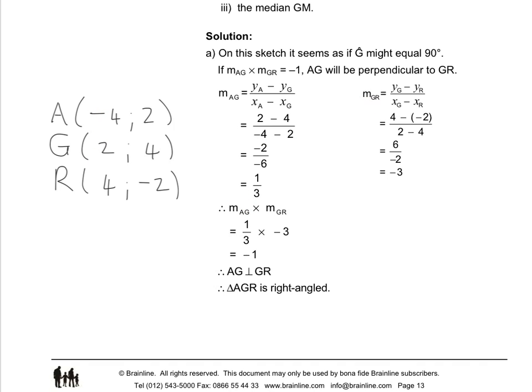Then the gradient of GR, we take the difference in y values, 4 minus -2, over the difference in x values, 2 minus 4, to get -3. Now we check if the product of the two gradients is -1. So a third times -3 is indeed equal to -1, and therefore we can conclude that AG is perpendicular to GR, and therefore the triangle is right-angled.